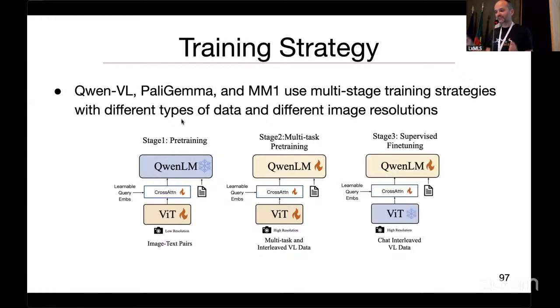And then in the final stage, you might use really high resolution data, and also maybe something like chat interactions, where this was pre-Vision Arena, but this would be the stage where you maybe want to go straight for the supervised fine-tuning of the language model based on that.